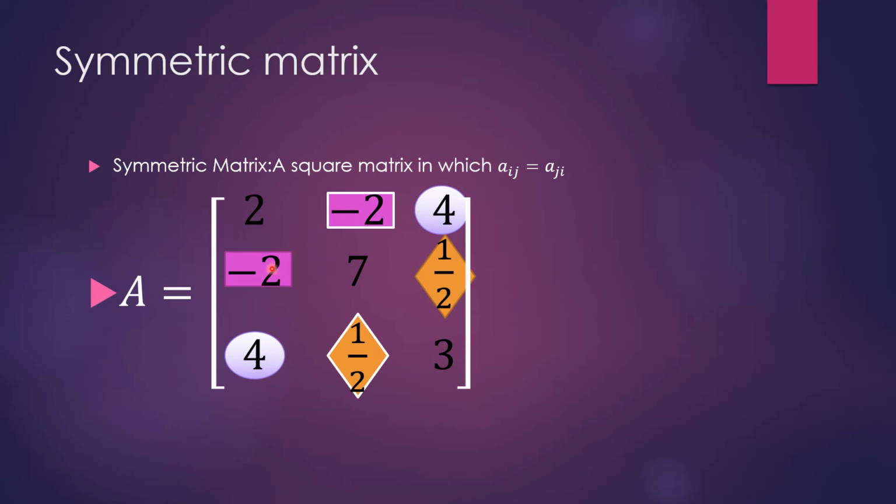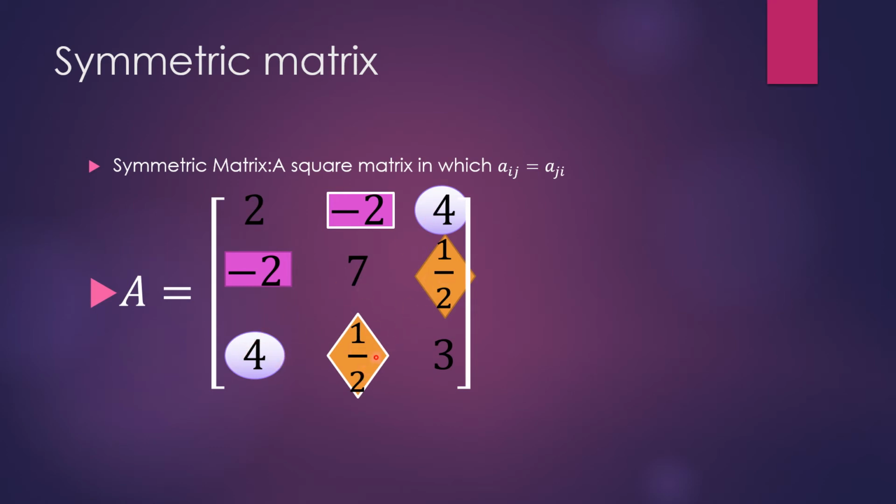So if these two elements are the same, please be careful, these two elements of same color and rectangle are the same, then these two elements are the same, that is 4 and 4 circle elements, and these diamond shaped elements are the same, means these three pairs must be the same among themselves. Like this pair should be the same, this pair should be the same, and this pair should be the same.